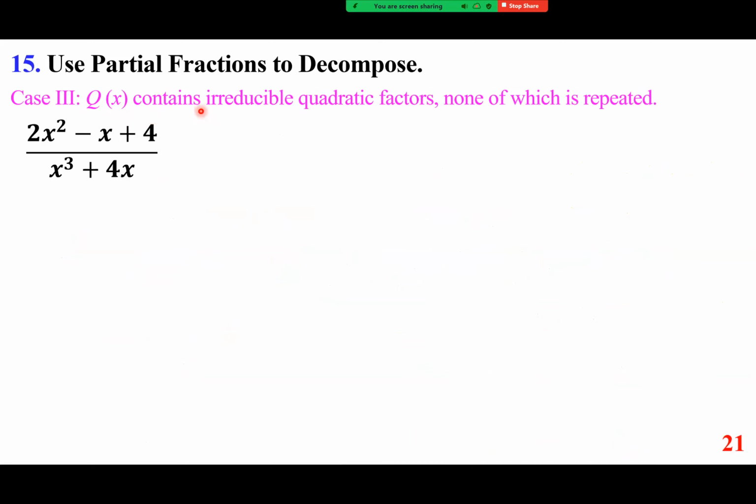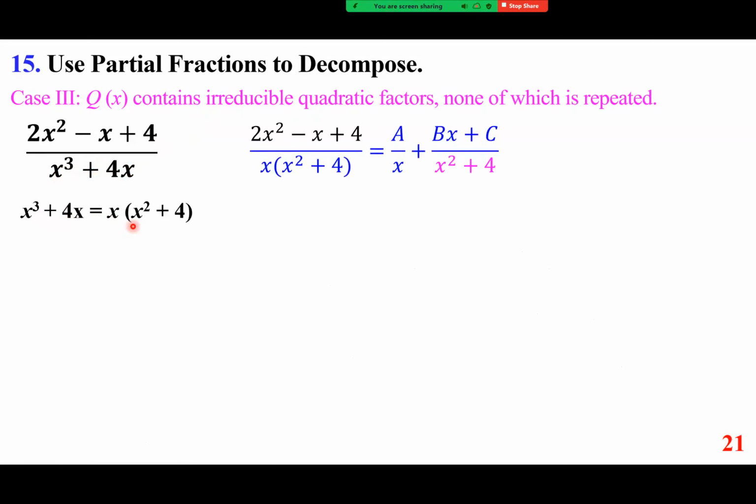Let's look at the case where we're going to factor the denominator, and that becomes x times x squared plus 4, which is an irreducible quadratic factor. x cubed plus 4x is x times x squared plus 4. We're going to write it in this format. So this fraction is a over x, because this is of degree 1, and then bx plus c over x squared plus 4, because this is degree 2, so we write the numerator as degree 1.